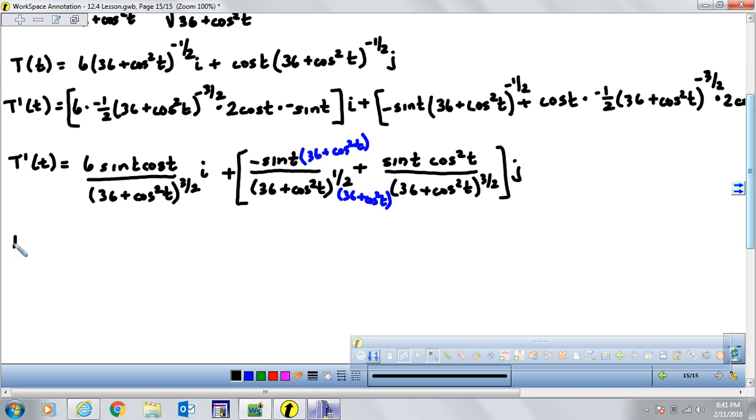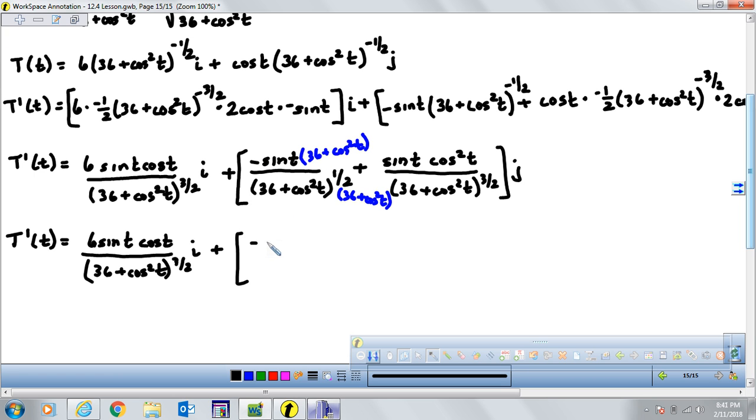So let's simplify this. So the derivative of the unit tangent vector is 6 sine of t cosine of t over this guy, 36 plus cosine square of t raised to the 3/2 power. That's my i component. Plus, now the j component. When I distribute this guy, negative sine of t times 36, it would give us negative 36 sine of t.